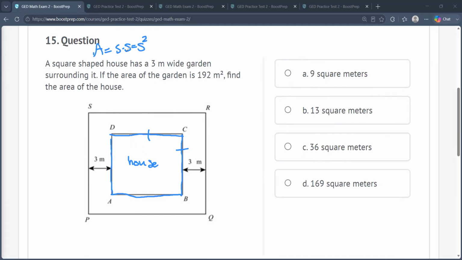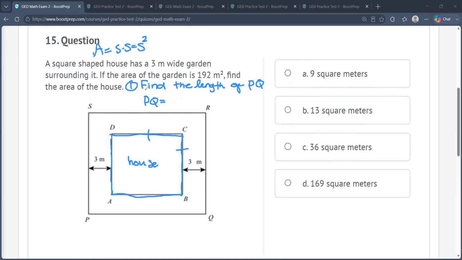And so this is what I'm going to do. First I'm going to find the length of PQ. So what is the length of PQ?